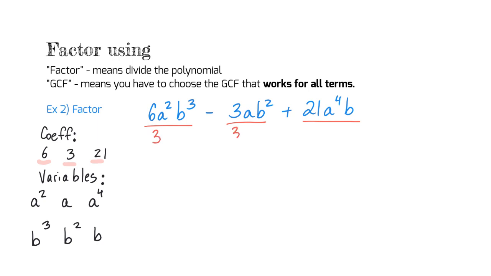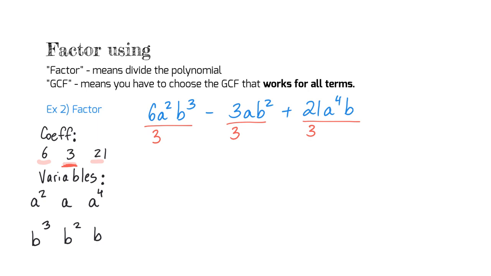So I'm going to divide all of them by 3. I can't choose a larger number because one of my coefficients is a 3, so I can't choose anything bigger. It's got to be smaller than what I started with. Then I take a look at each of the a's. In my first term, I have an a squared. In my second term, I have an a, and then an a to the fourth.